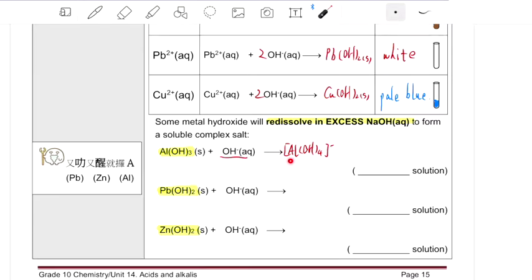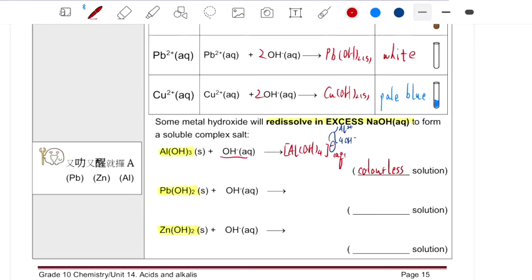The overall ion should have a negative charge. You can also see it this way: one aluminium ion carries 3 plus, and we have 4 hydroxide ions, which in total carry 4 negative charges. So overall the ion carries 1 minus charge. That's a complex ion, and this complex ion is soluble in water, so the solution eventually turns colorless.